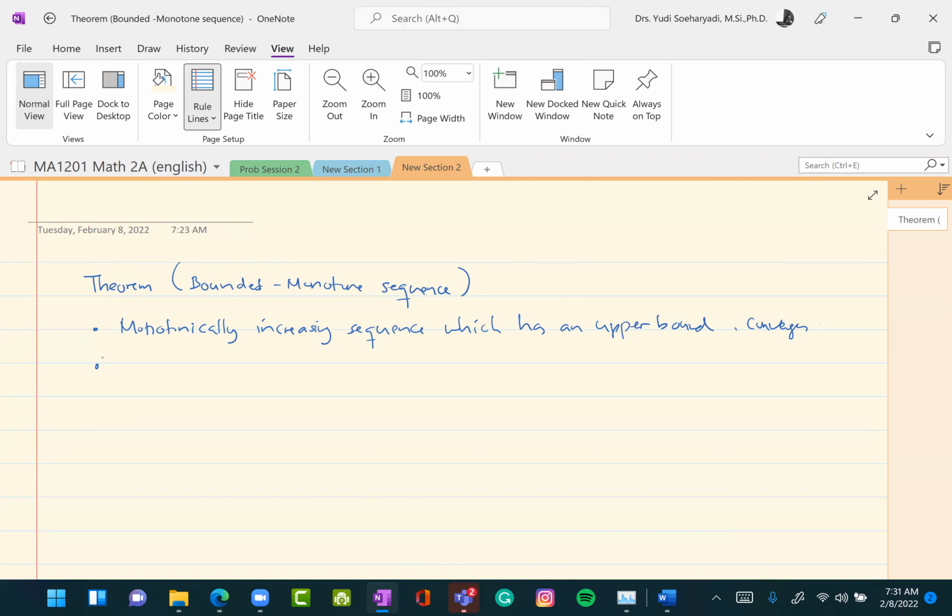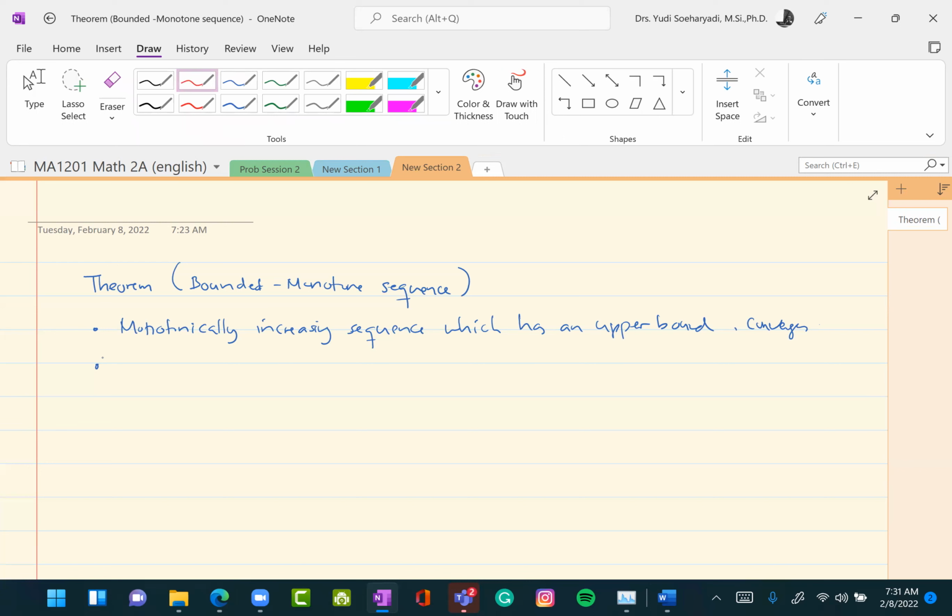And you can replace this increasing by decreasing, but then you have a lower bound, so you have a floor. Okay, so let's see.